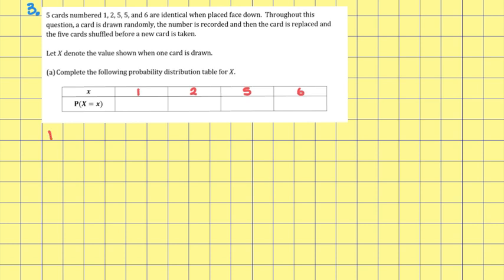Well, the probability that X equals 1 is the same as the probability that X equals 2, which is the probability that X equals 6. And they are equal to 1/5.